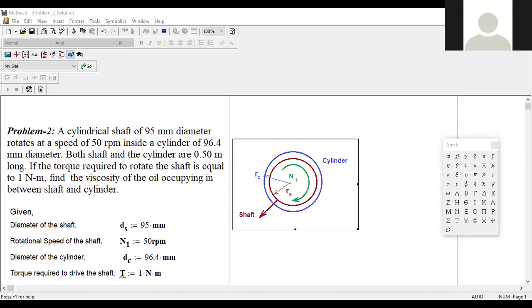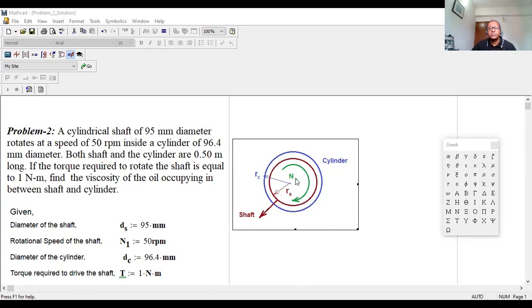Okay. So the same problem I put over here in different programs, so it is easy to solve. You see, this is the outer cylinder, and the red one is the shaft, rotating with certain RPM. I put N1.